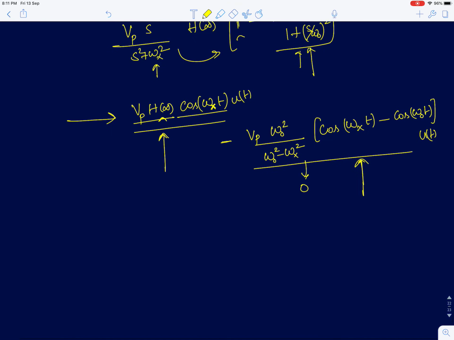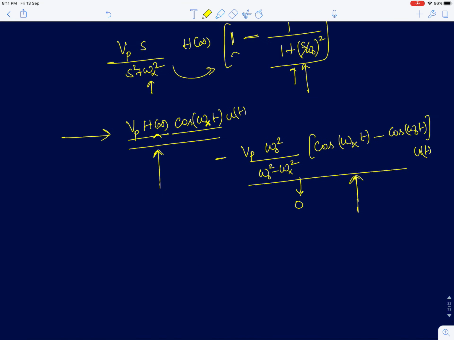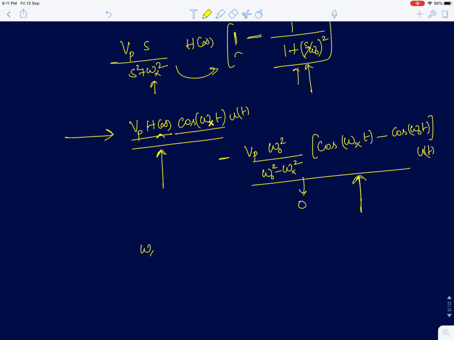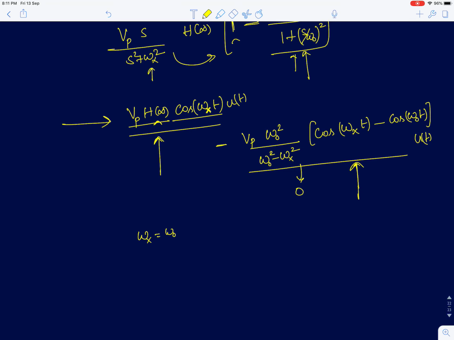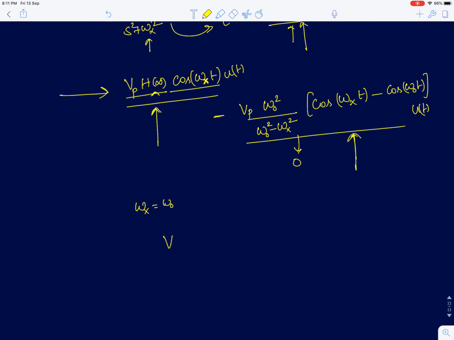So now, if I apply a sine wave of frequency omega equals omega naught, then what will be the response in that case? Here, I'll just write the Laplace transforms directly. We have split the transfer function of the system as a constant minus a low pass system.